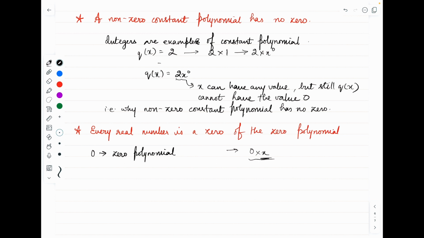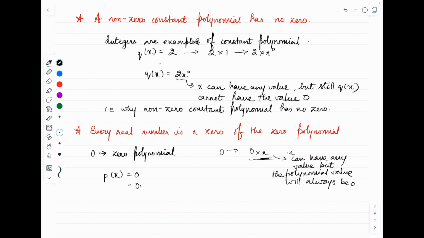Suppose I am taking 0 into x. 0 can be written as 0 into x. x can have any value, but the polynomial value will always be 0. Like suppose p of x equals 0, that can be written as 0 into x.